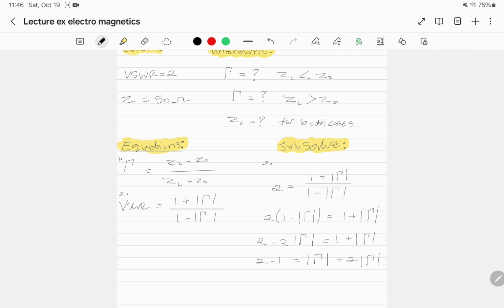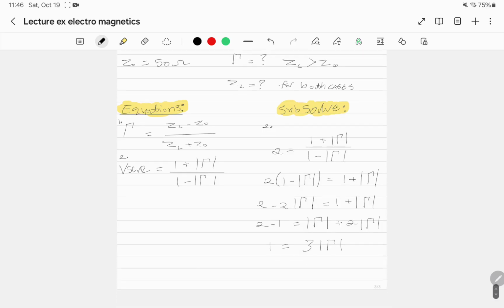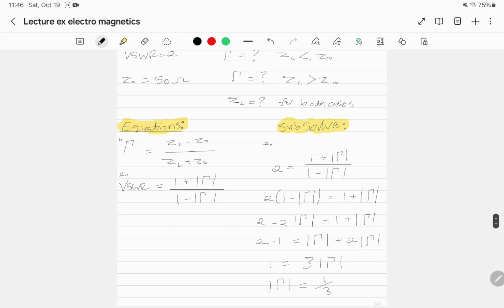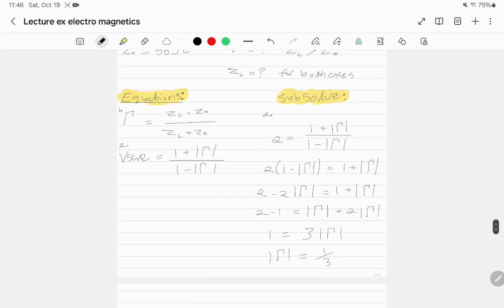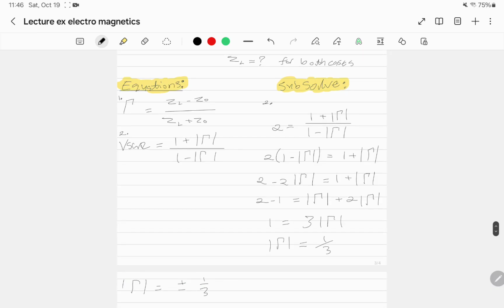So 1 is equal to 3 times the reflection coefficient, and we end up getting 1 over 3. But notice how we have the magnitude of the reflection coefficient. So technically, the reflection coefficient can be plus or minus 1 over 3. We don't know, because we take the magnitude of it, and we don't know what it was before.